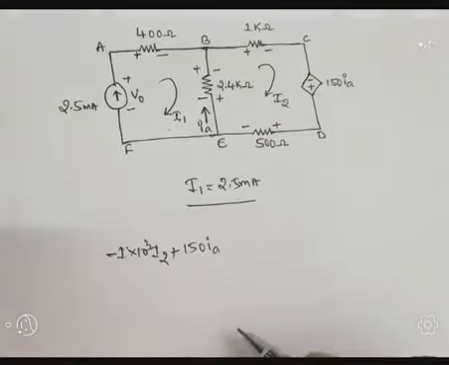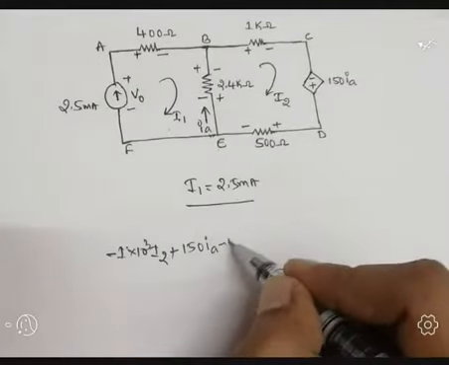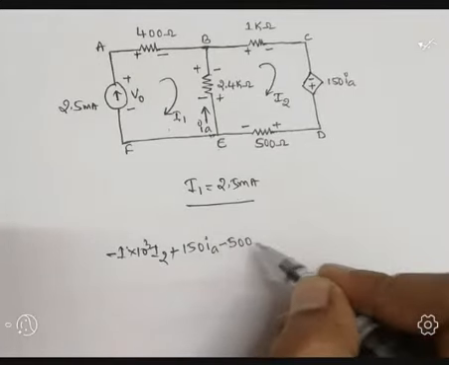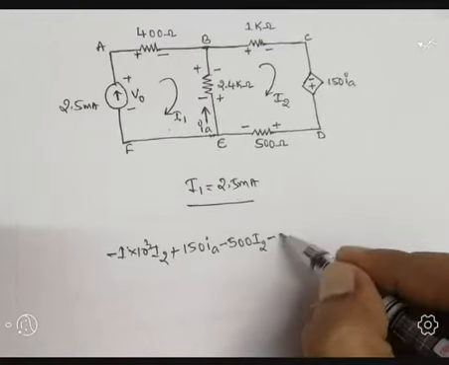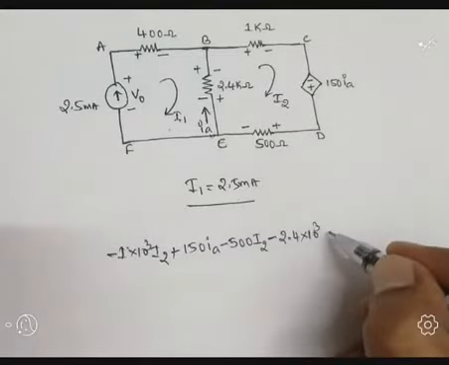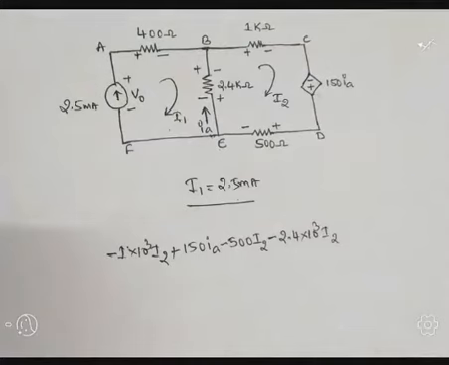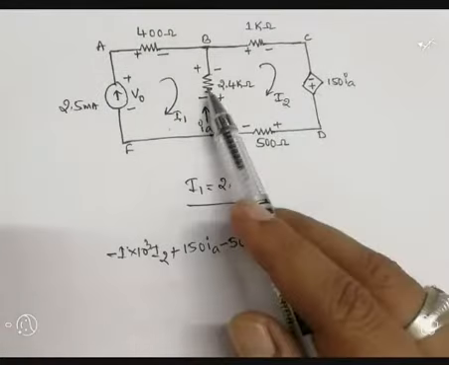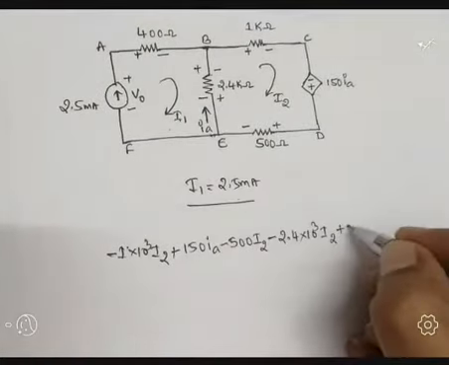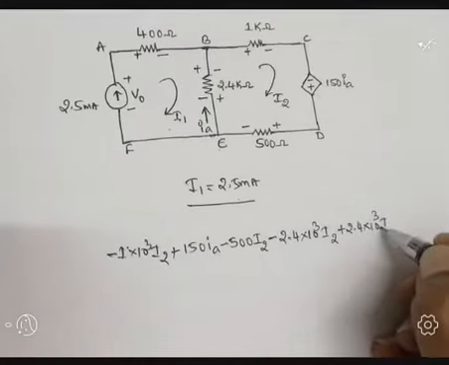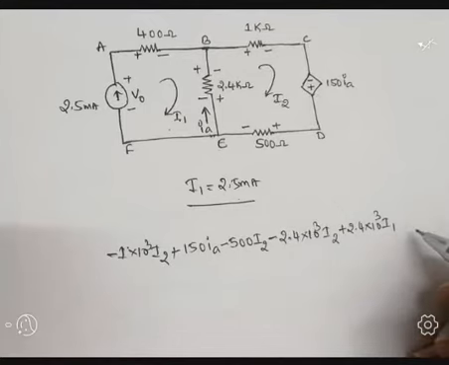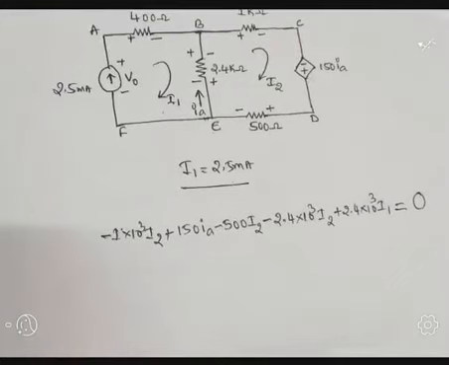Correct. Next, minus 500 I2. Minus 2.4K I2, where K means 10 to the power 3, I2. Plus 2.4K I1, because one more current is flowing in the same branch, that is I1. So that is plus 2.4 into 10 to the power 3 I1 is equal to 0.